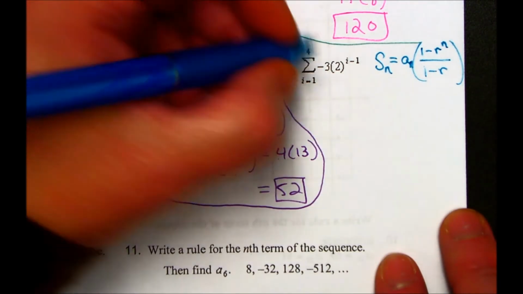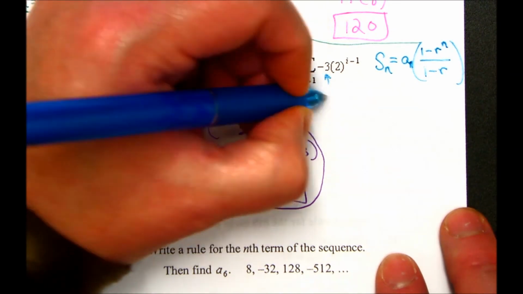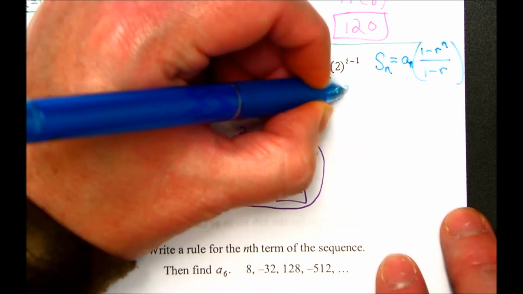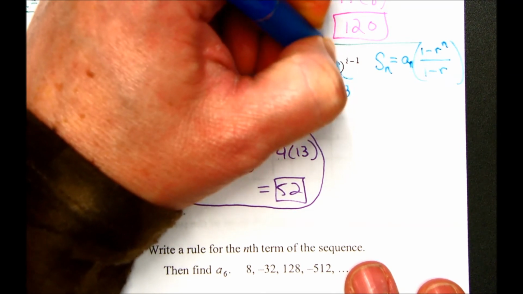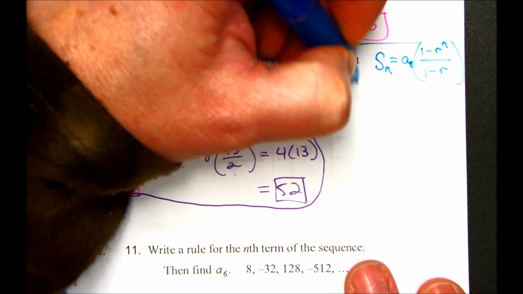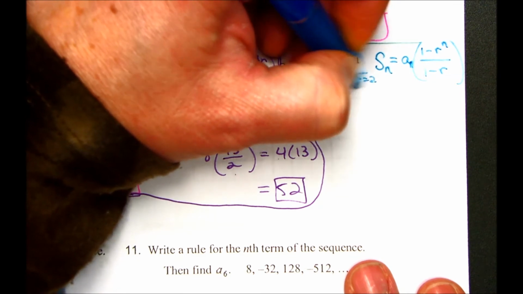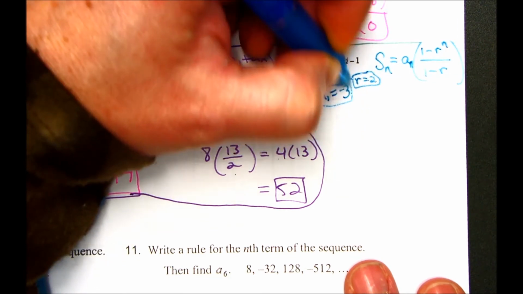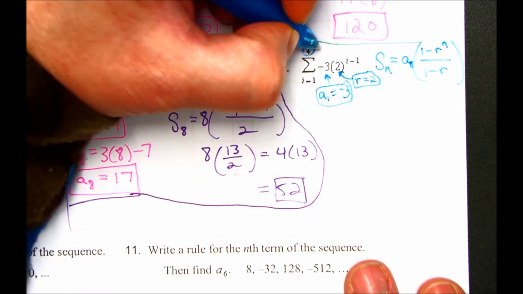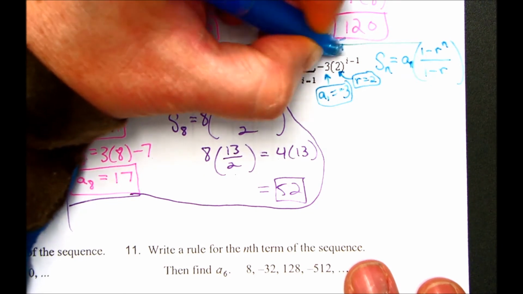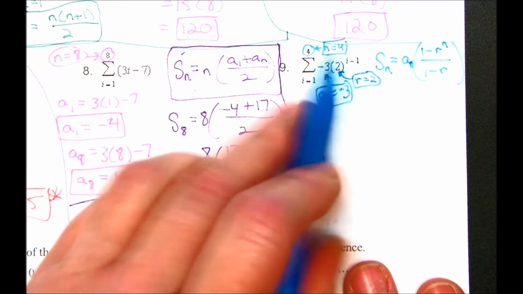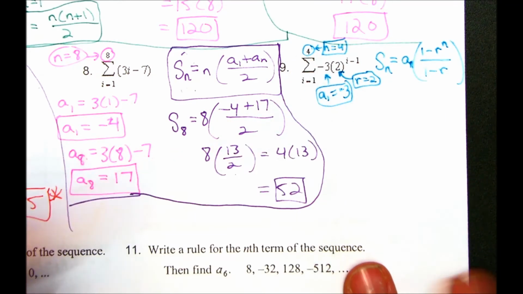So the a sub 1 is just negative 3. Your r is the 2. And then your n is your upper limit. So we can get everything that we need right from the summation notation.